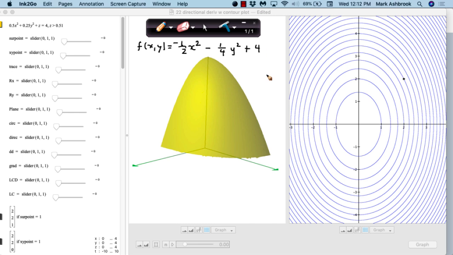Elliptical paraboloid, vertex 0, 0, 4. It opens downward, right? It's elliptical because I have different radii in the x and y direction by those denominators.